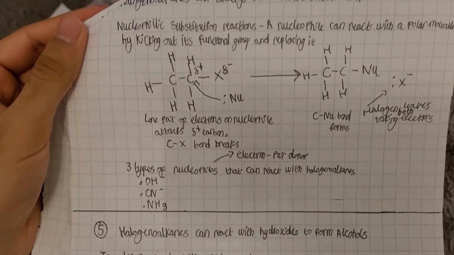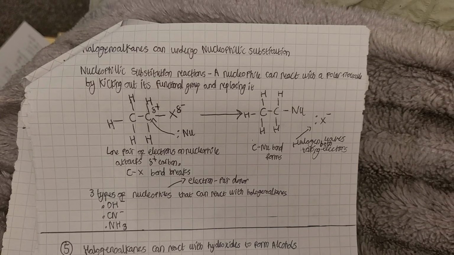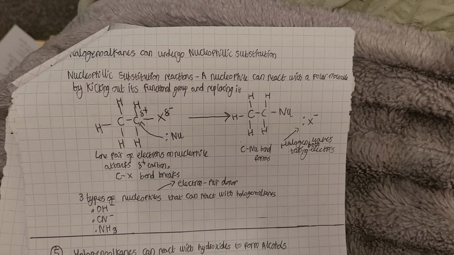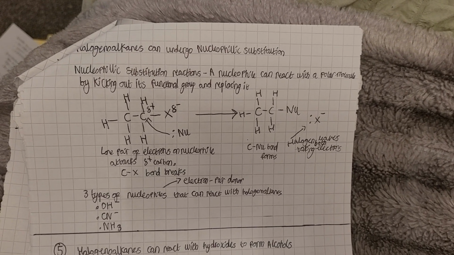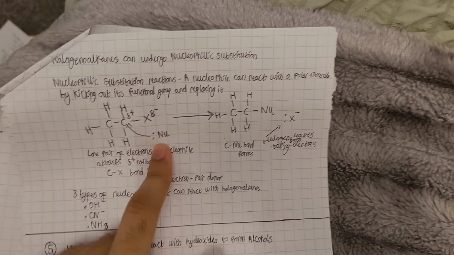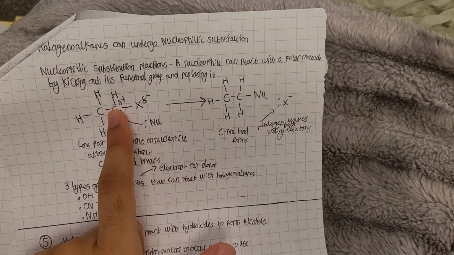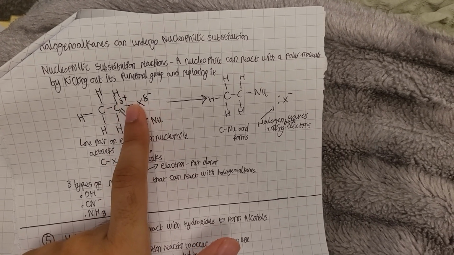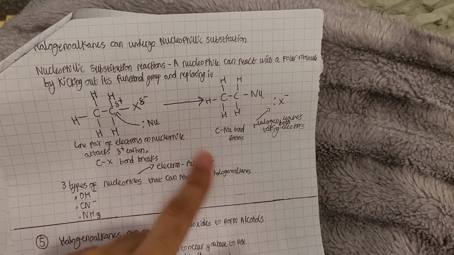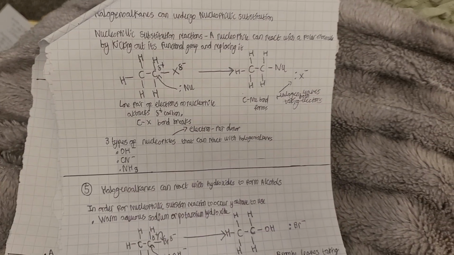Then halogenoalkanes can undergo nucleophilic substitution. Nucleophilic substitution reactions are when a nucleophile reacts with a polar molecule by kicking out its functional group and replacing it. So here, a nucleophile with lone pairs of electrons, it can be OH minus, attacks the positive carbon, and the C-X bond should break.